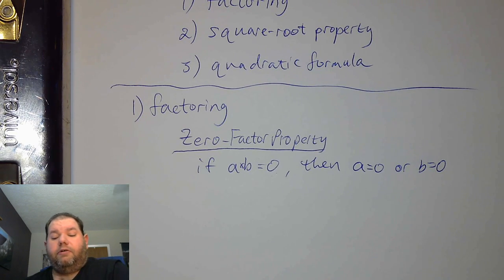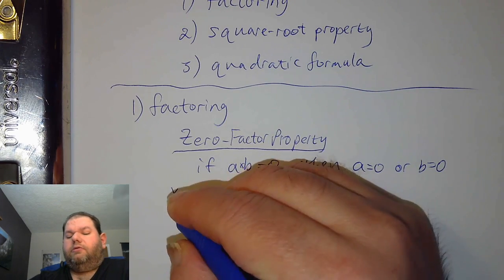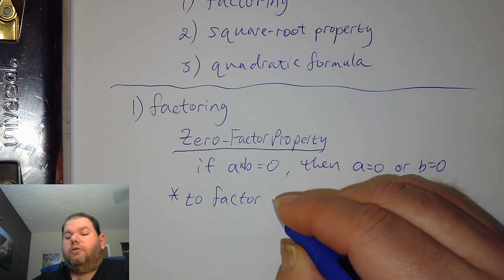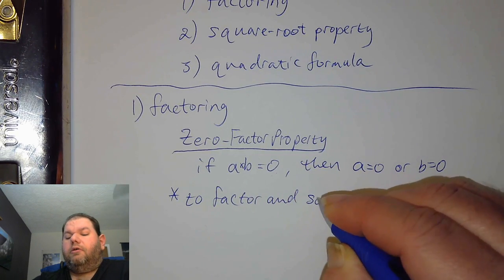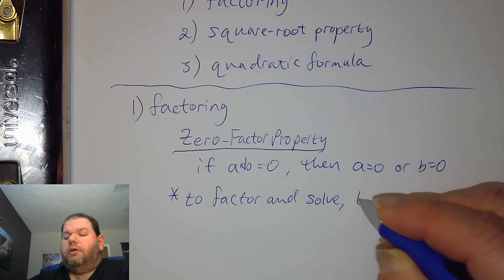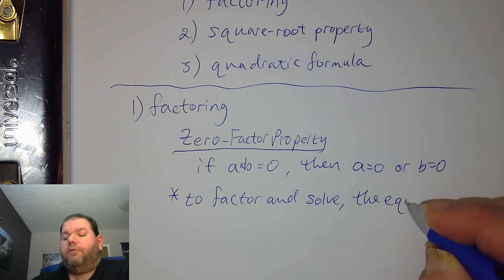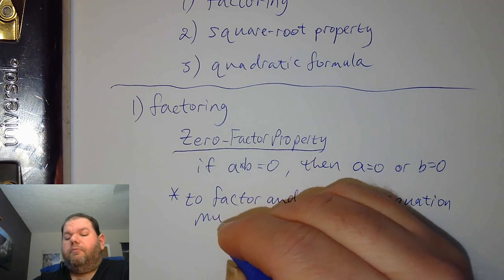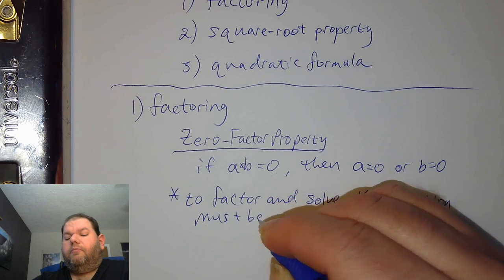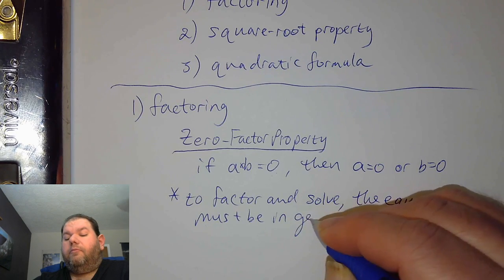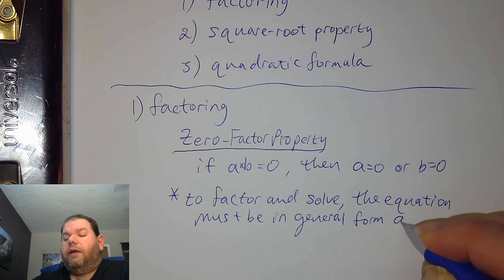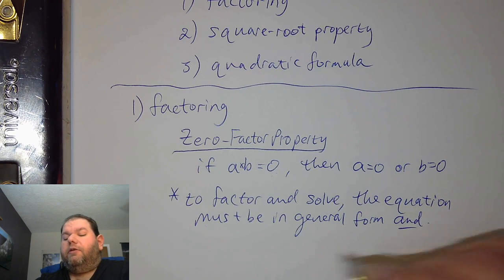Now, to factor and solve equations, the equation must be in what we call general form, and it must be equal to 0.